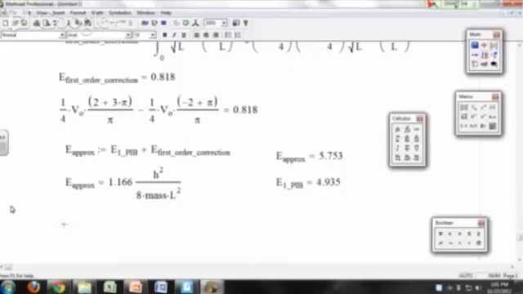Okay? Now, the known value, you can actually solve this exactly. This problem is simple enough that you can solve for the exact ground state energy, and the exact value happens to be 5.750345. Okay? So what's our percent error?